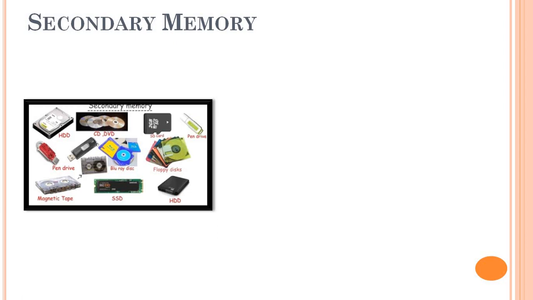Secondary memory is basically used to store the data and information. If I want to store some Word file, if I want to store some of my presentation, then I am going to store it in the secondary memory. Secondary memory is going to store our data and information as long as we want it.